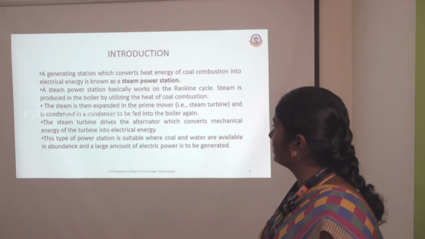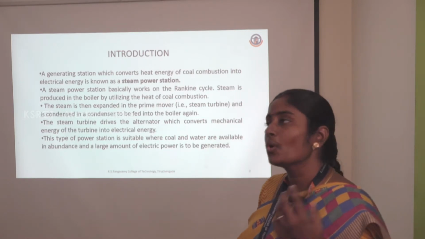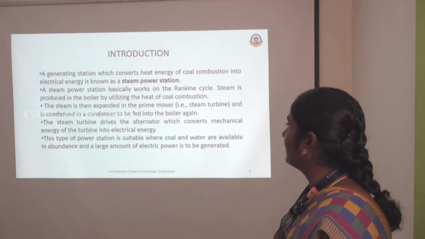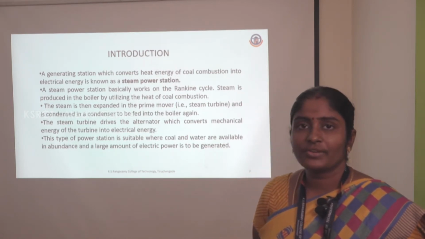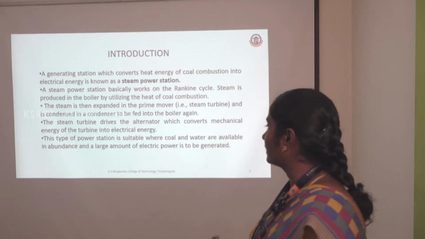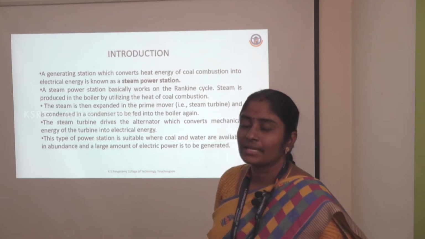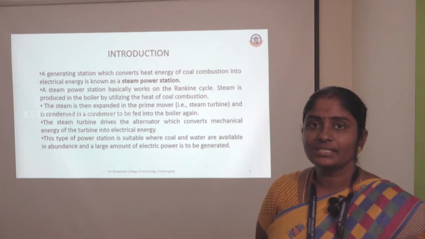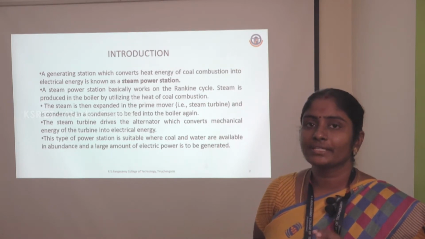the steam power station. A steam power station is a generating station which converts the heat energy of coal combustion into electrical energy. It is also known as a thermal power station or thermal power plant. A steam power station basically works on the Rankine cycle. The steam gets produced in the boiler when the coal is combusted.